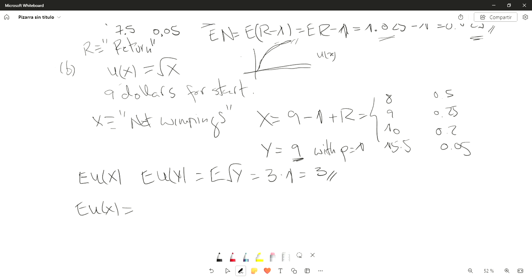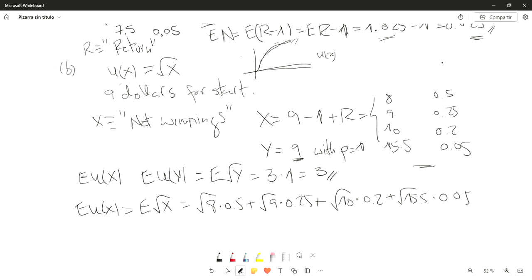Now, what about the expected value for x? It will be the square root of 8 times 0.5 plus the square root of 9 times 0.25 plus the square root of 10 times 0.2 plus the square root of 15.5 times 0.05.